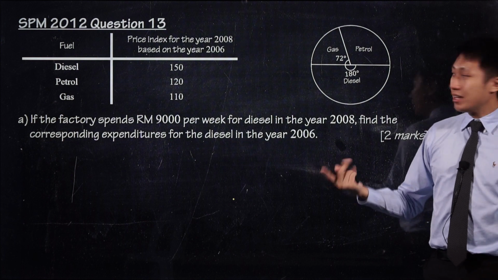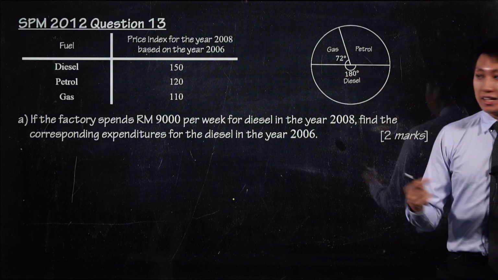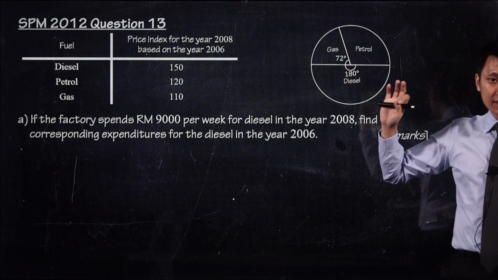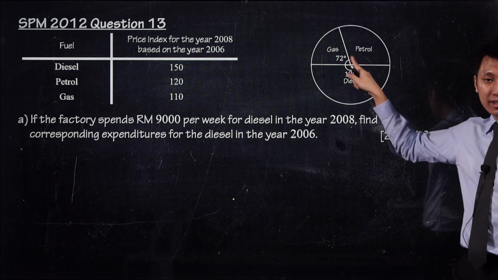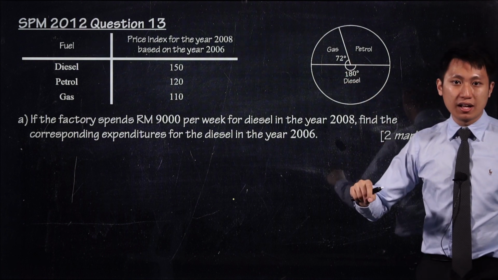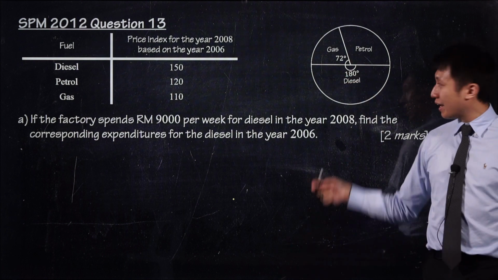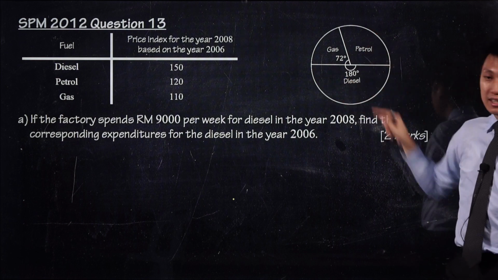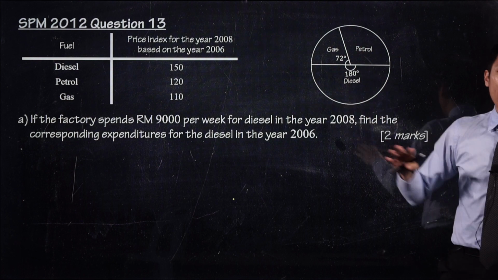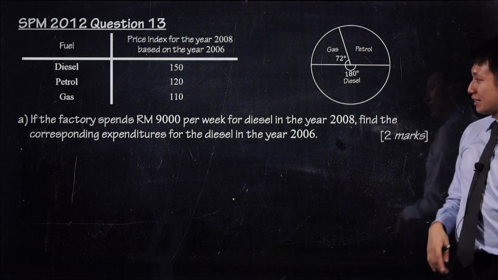Why 360? Because one round is 360. So you will be able to know the weightage for the petrol here. It's just another way of saying: you can draw a triangle, with this petrol and this diesel, so the total will be 180. That's the idea.